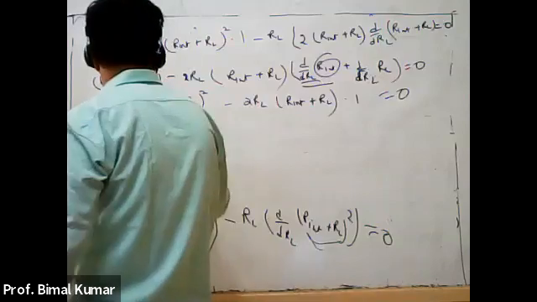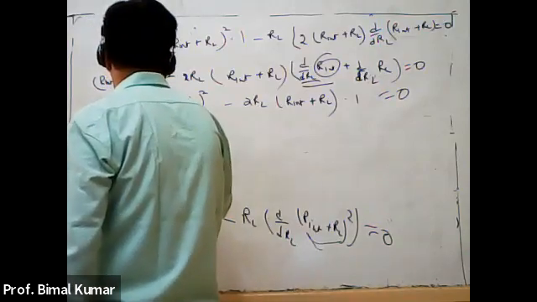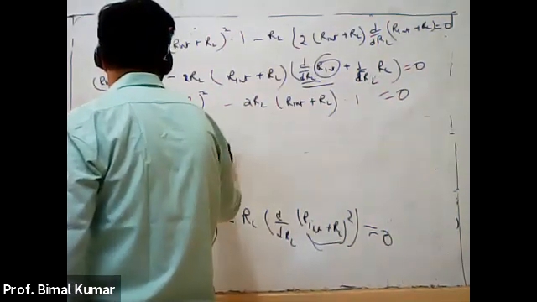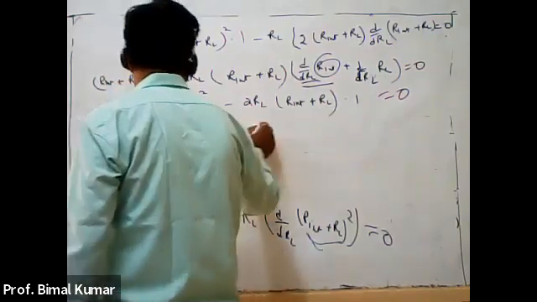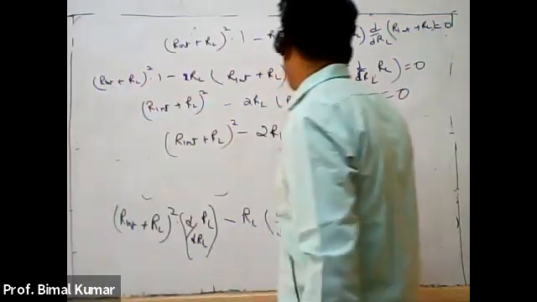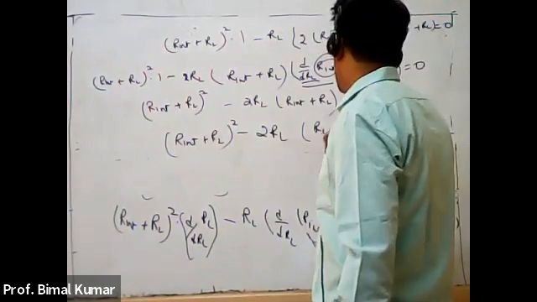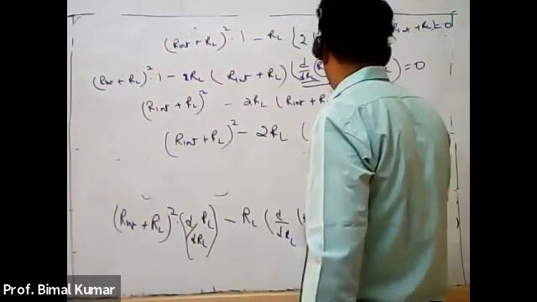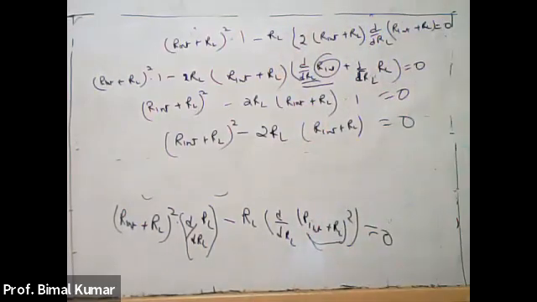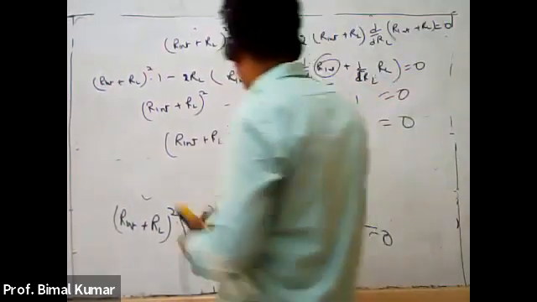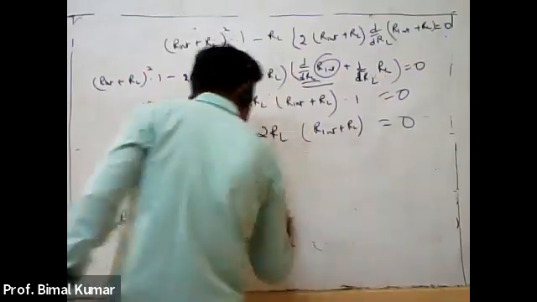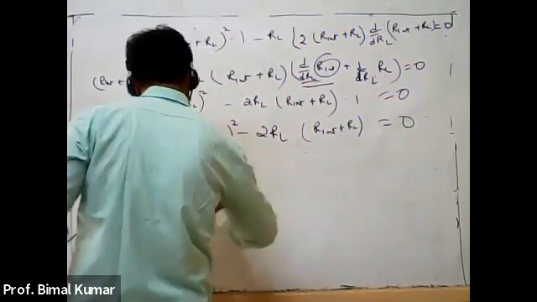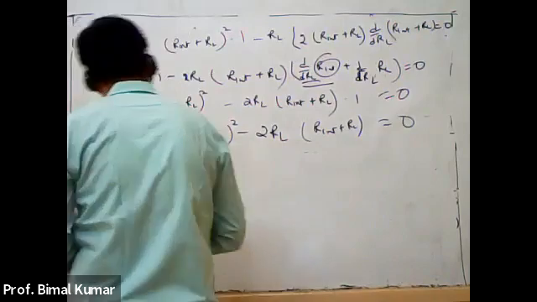So this will become (R internal plus RL) whole square minus 2RL into (R internal plus RL) equal to 0. Now from these two parts, we may take R internal plus RL common.